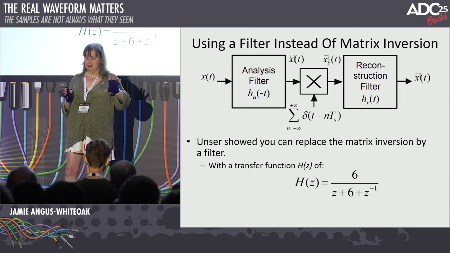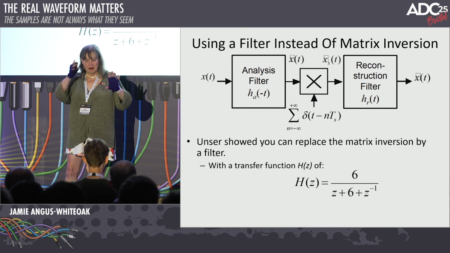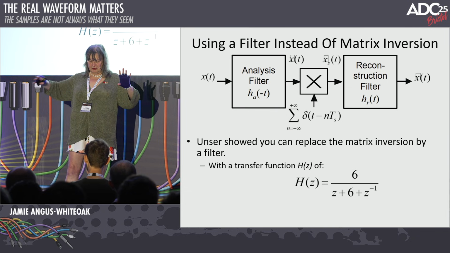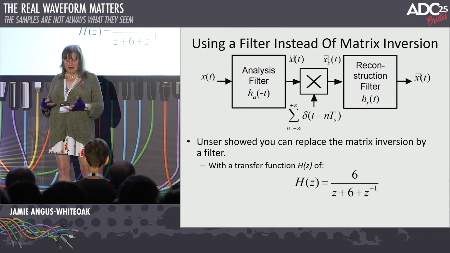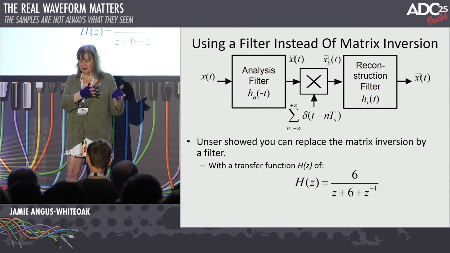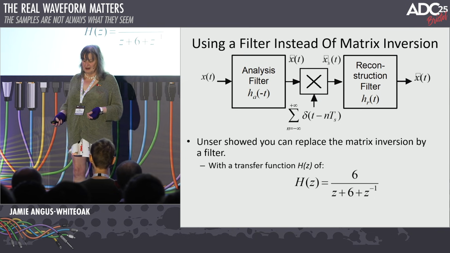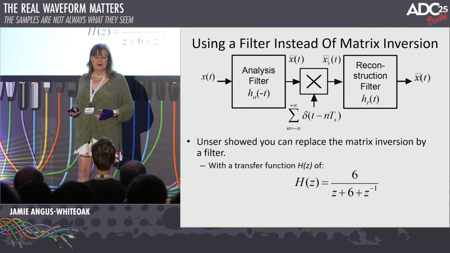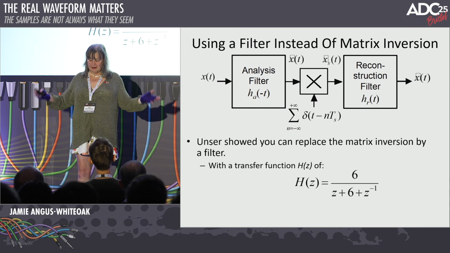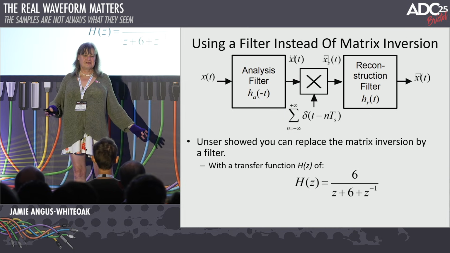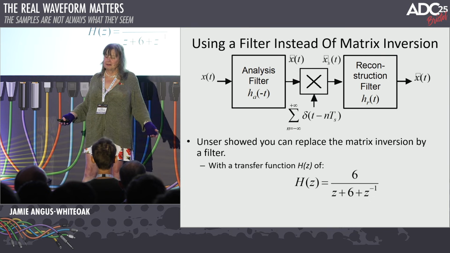If we have a pre-filter, followed by our spline interpolation reconstruction, we can replace the matrix inversion by this pre-filter, or what he called an analysis filter. It's got a very simple transfer function, this is an example for a third order: 6 over z plus 6 plus z to the minus 1.